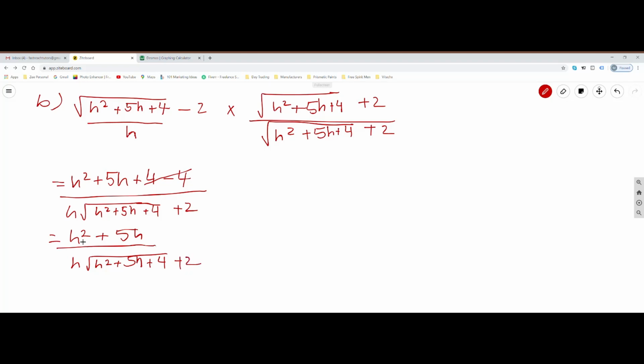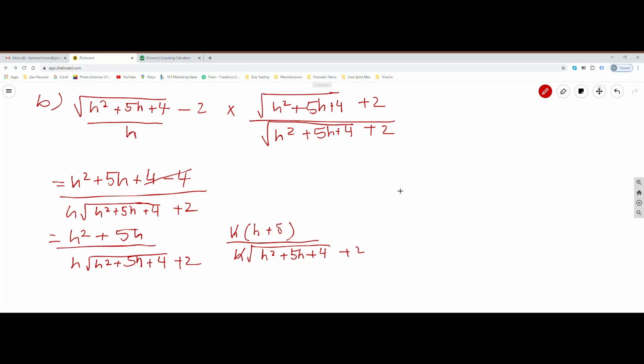So you can factor out h. Sorry, it's supposed to be just h plus 5, over the square root of h squared plus 5h plus 4, plus 2.